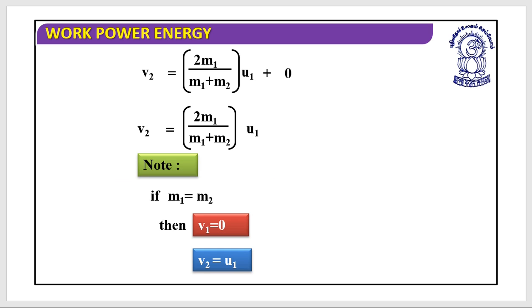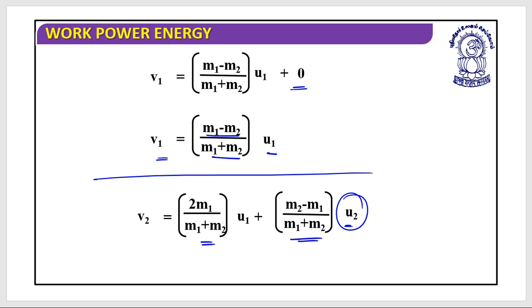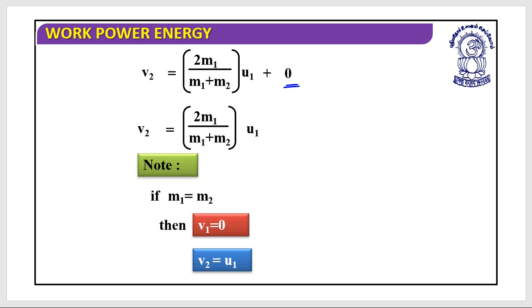This is the standard relation, and as the second object was initially at rest, this becomes 0 and v2 is equal to 2m1 upon (m1 plus m2) into u1.